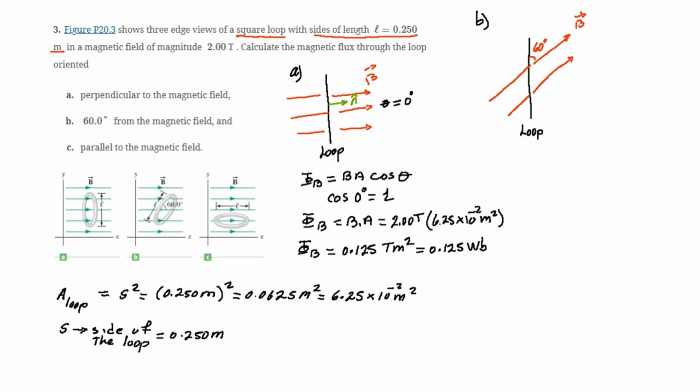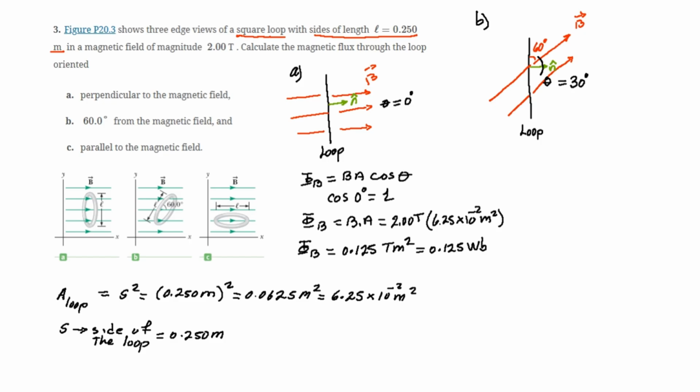So I have a normal vector here, and the angle theta is really the angle between B, the magnetic field line, and this normal. So the angle theta is not 60. The angle theta is 30 degrees, the complement of 60.